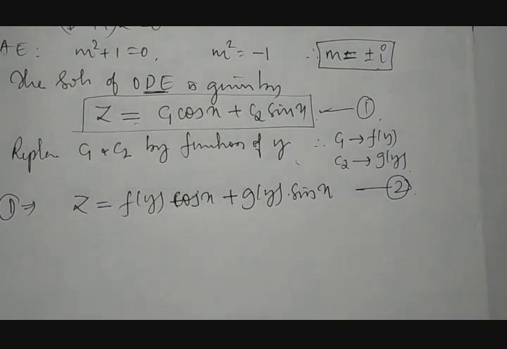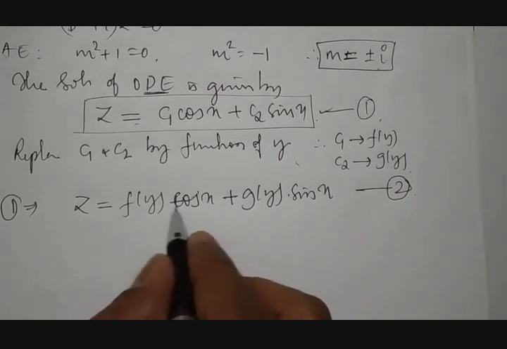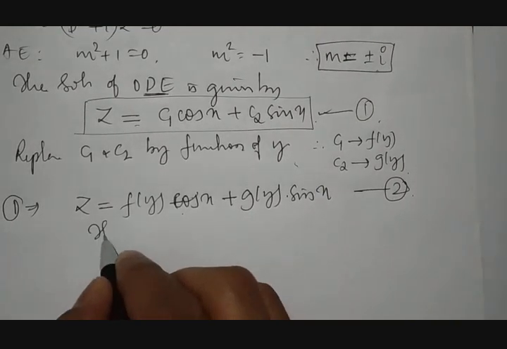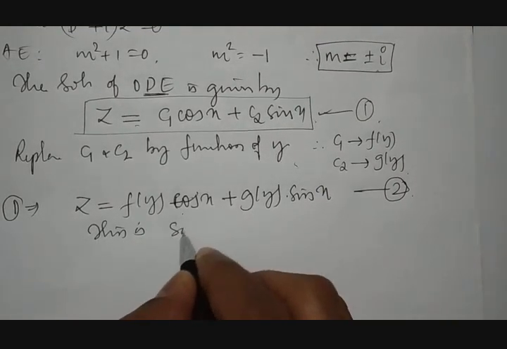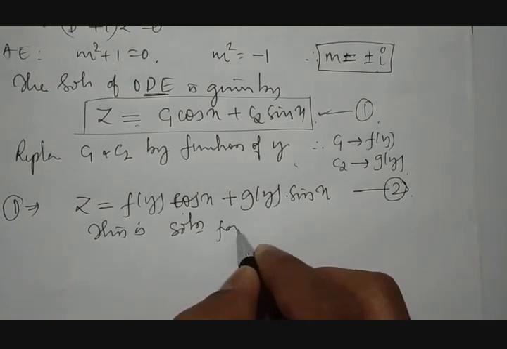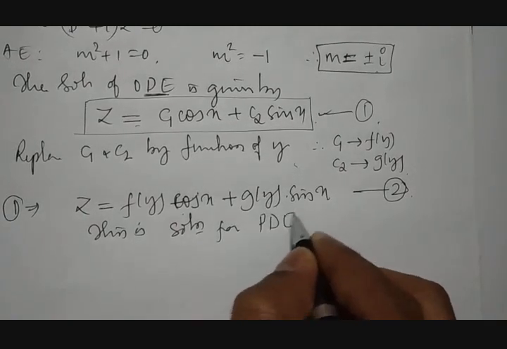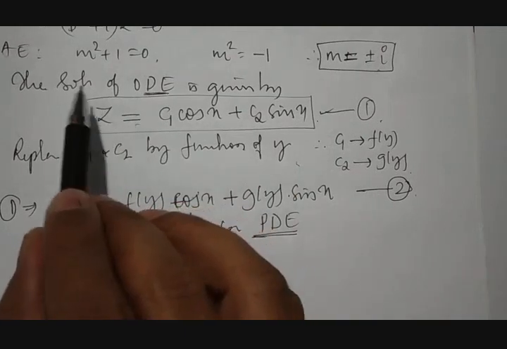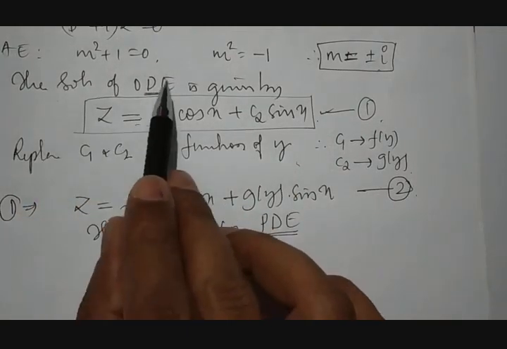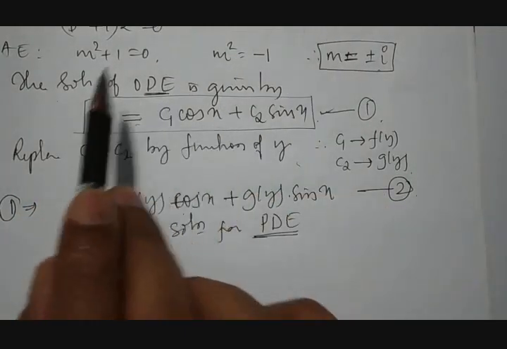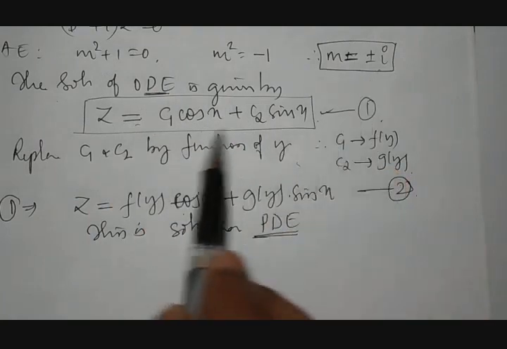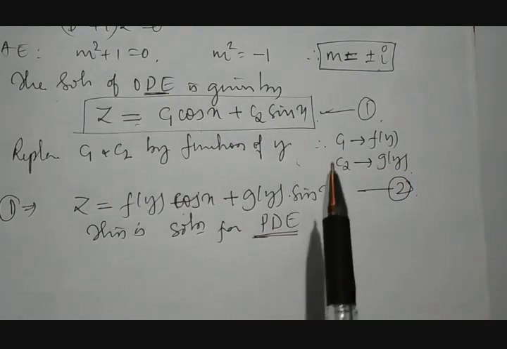Then this becomes a solution for the partial differential equation. So this is the difference you can see. This will be the solution for the ordinary differential equation because my partial derivative got converted into ordinary.